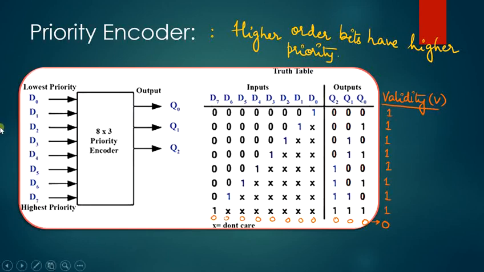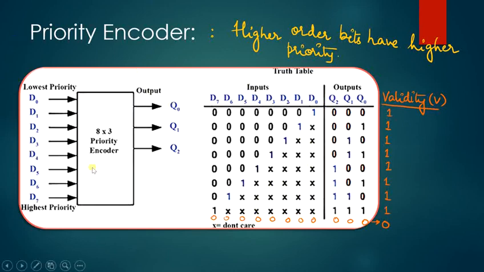You can see here that we have the inputs from the truth table D0 to D7, and D7 has the highest priority compared to D0. So that is why the lower order bits are all considered as don't care terms.